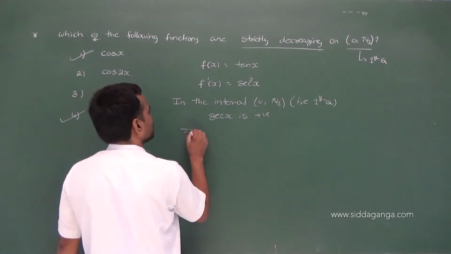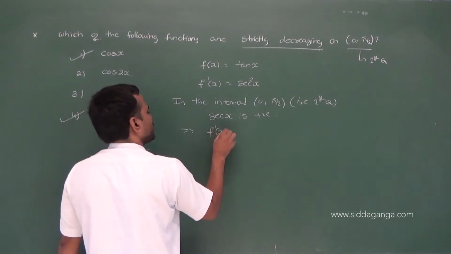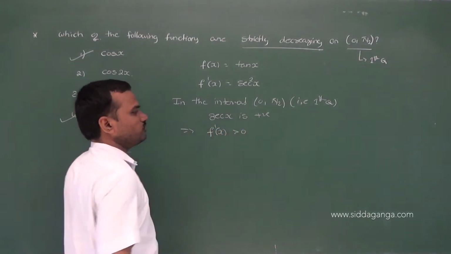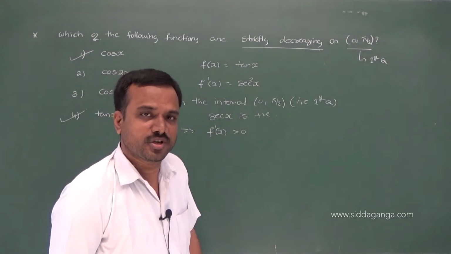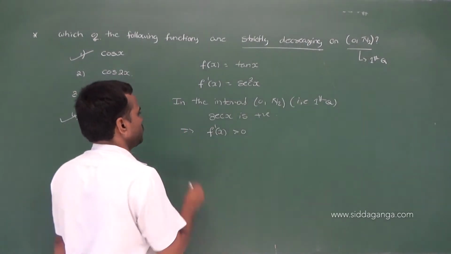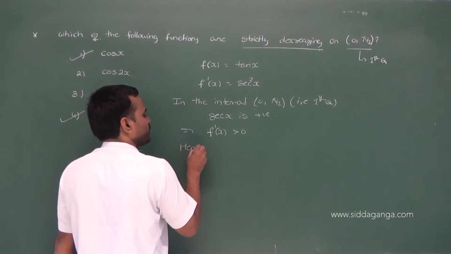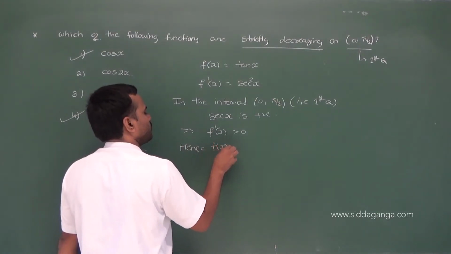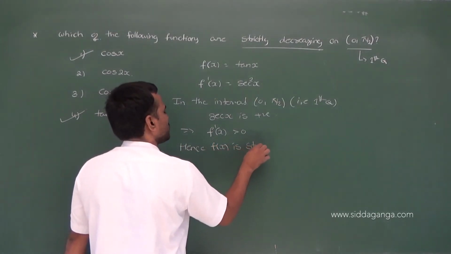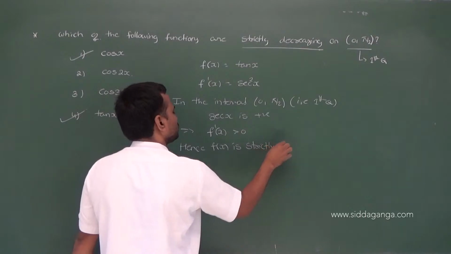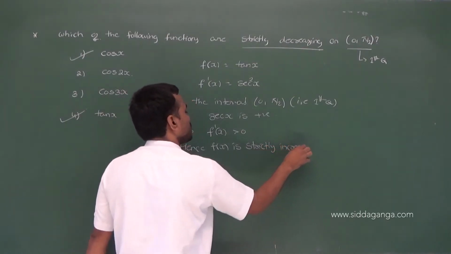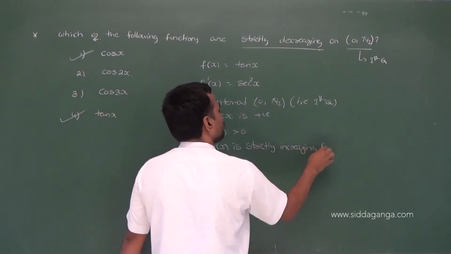That implies f dash of x is greater than 0. Hence, f of x is a strictly increasing function.